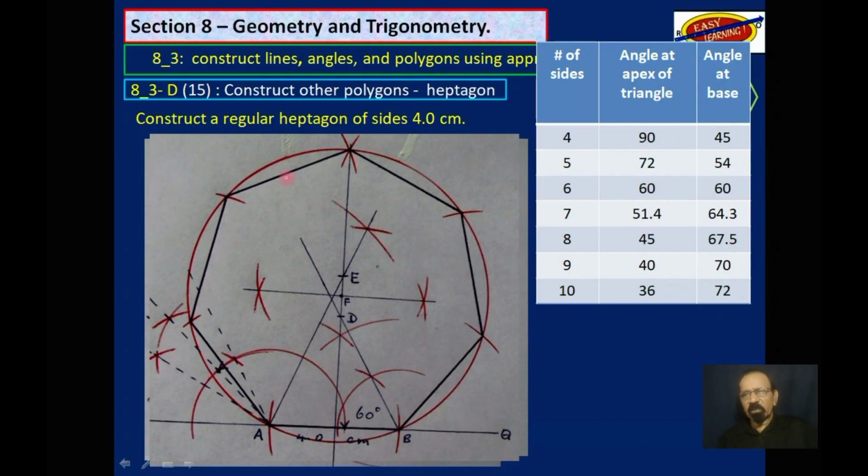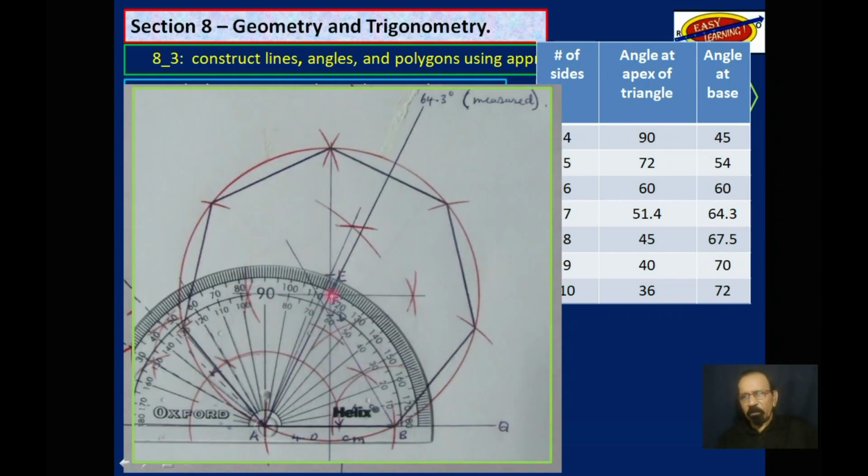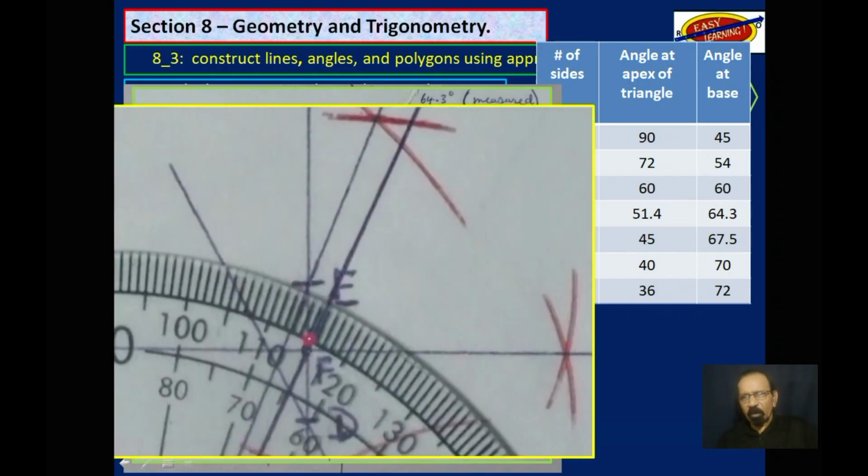We have just constructed a regular heptagon of sides 4.0 centimeters without the use of a protractor. This is looking at it a little closer. If you take the protractor to just verify what was happening, you could see there, and here, which we got by bisecting DE.